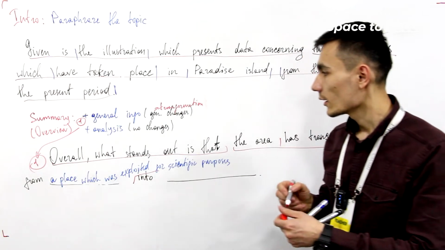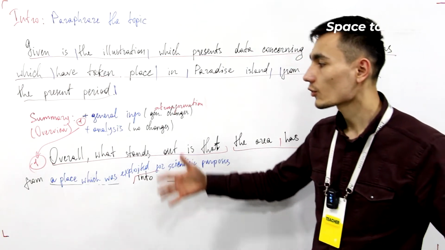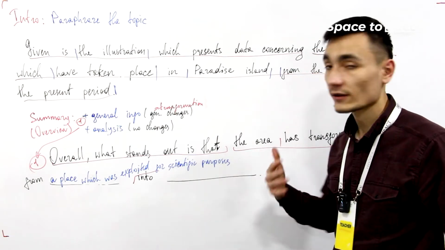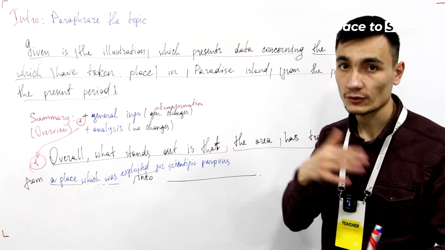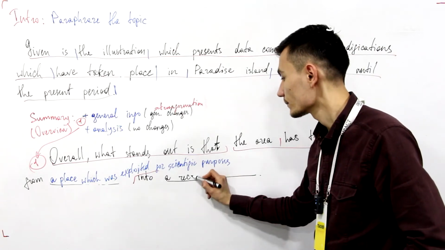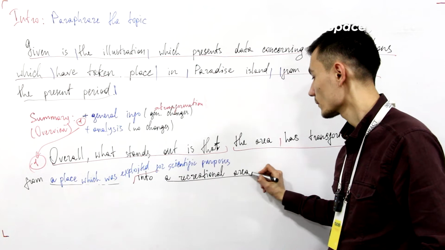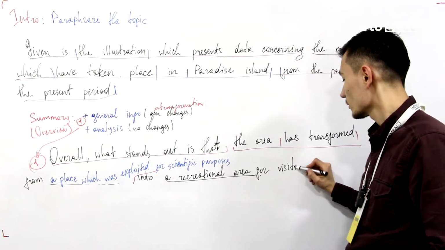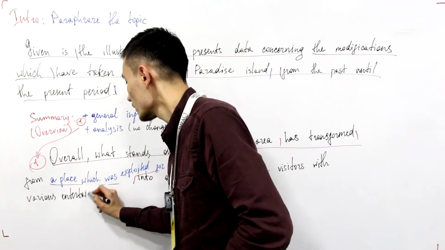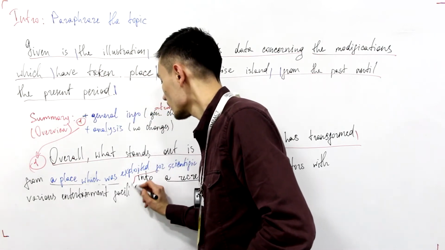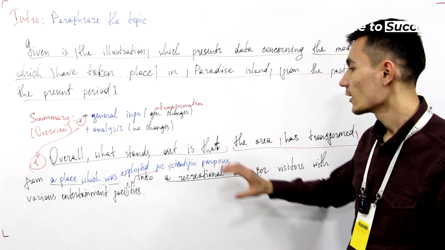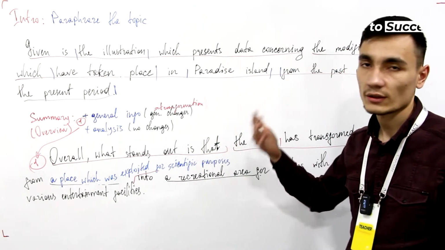So the area has transformed from a place which was exploited for scientific purposes, so it was a scientific research station, into a recreational area for visitors with various entertainment facilities. And that's the end of our first sentence, which is general information, general change.